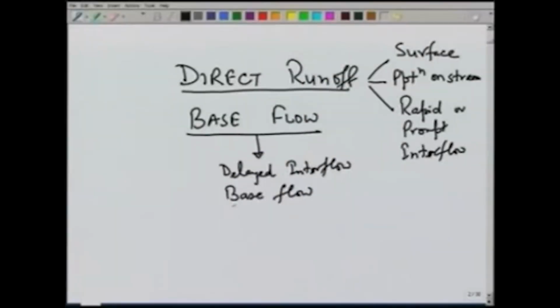It takes a while, sometimes a few days, and base flow is the component which comes from the groundwater, and typically it takes a few months or sometimes even years. So, we will look at various aspects of these components and see how we can predict or estimate the runoff for a given event of precipitation.